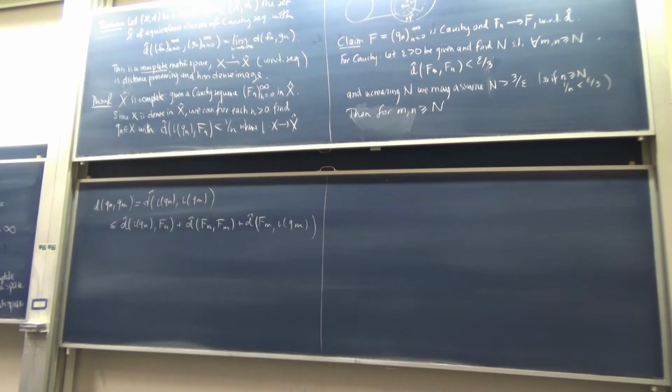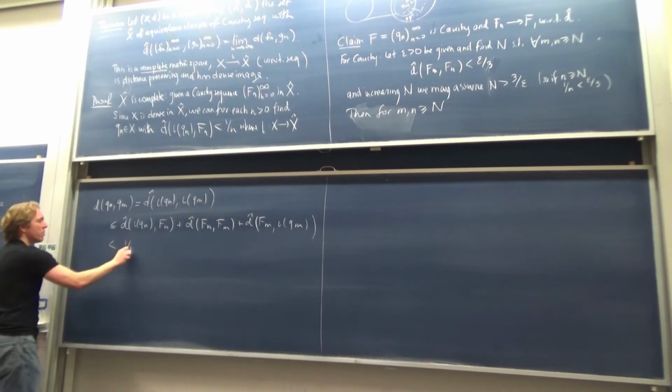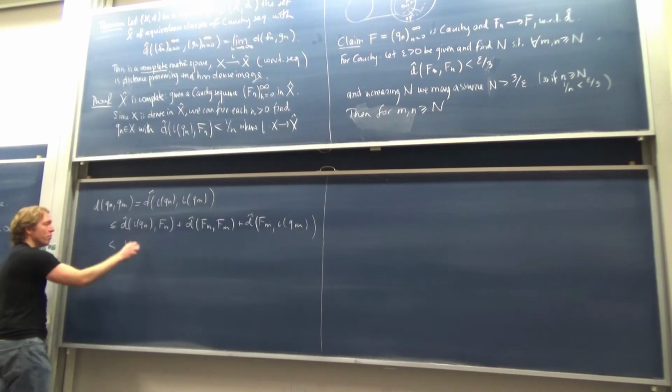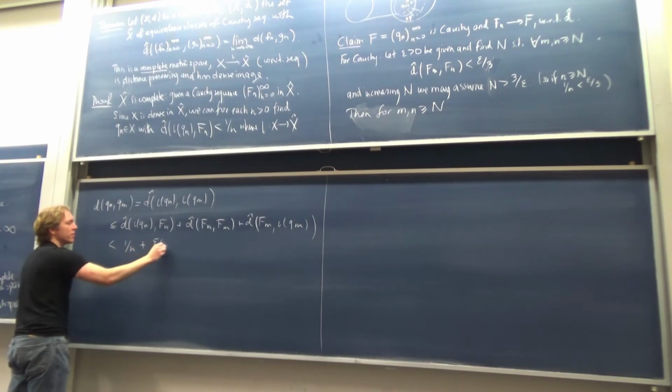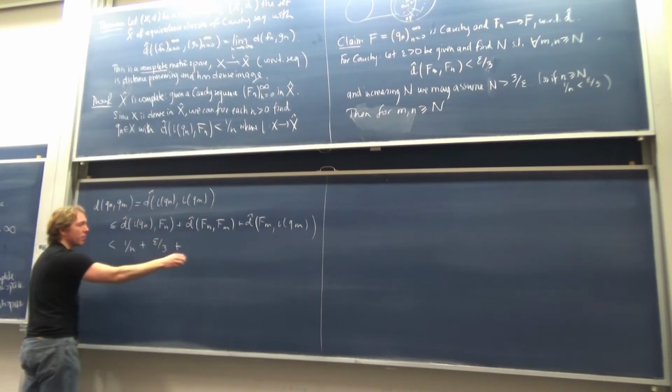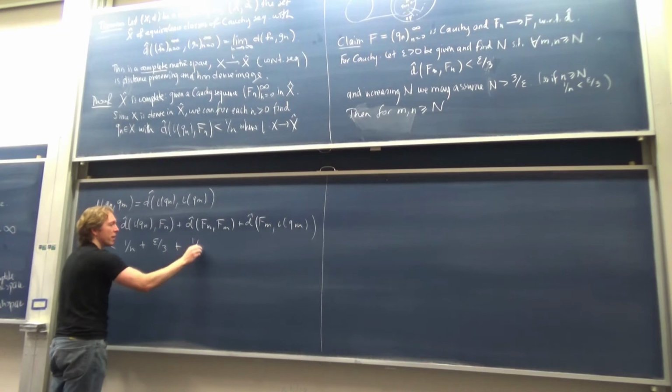All three of those terms are under control: the outside ones because of the choice of the Qn, and the middle one because of the Cauchy sequence that I started with. So this is less than 1 on n by the definition of Qn, that was the whole point, plus less than epsilon on 3 because m and n are greater than capital N, and that's less than 1 on m.